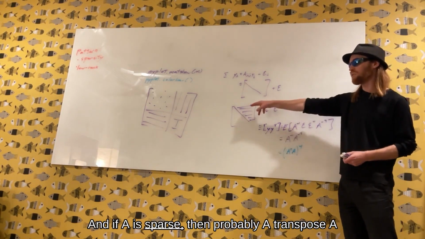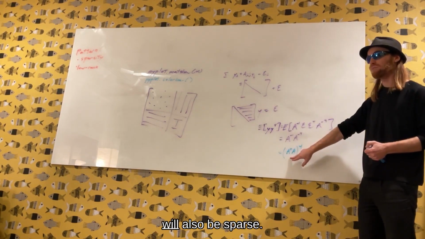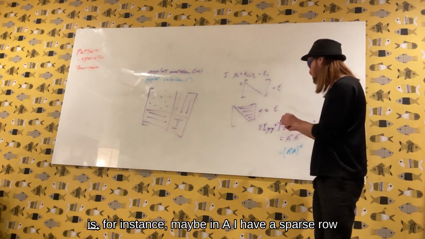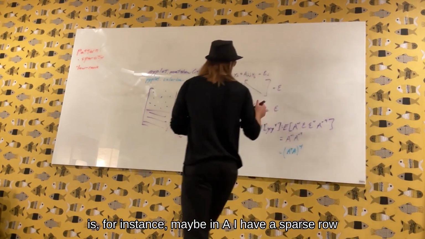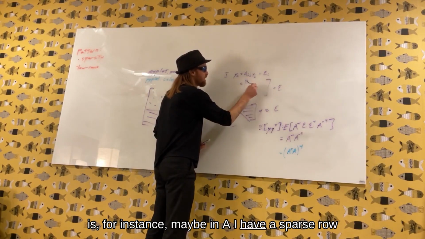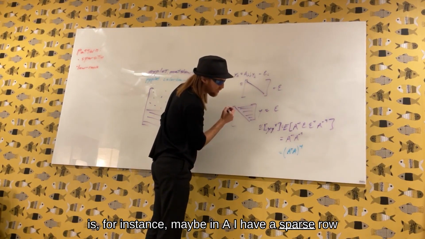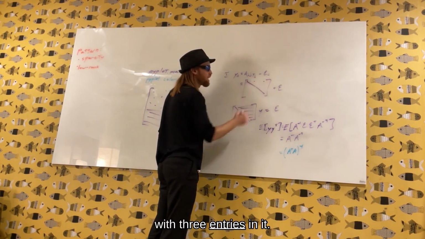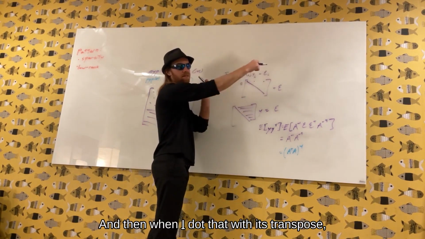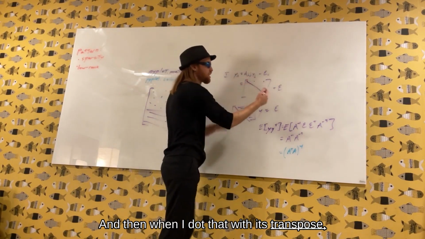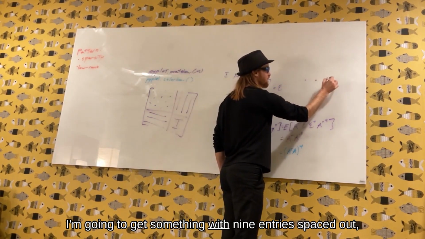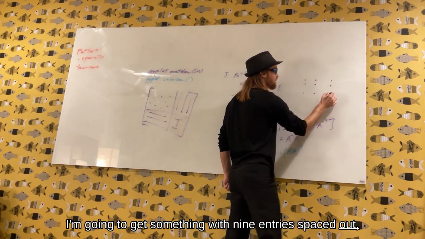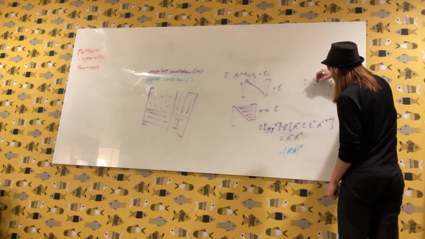And if A is sparse, then probably A transpose A will also be sparse. In particular, the pattern I'll probably see is, for instance, maybe in A I have a sparse row with like 3 entries in it, and when I dot that with its transpose, I'm going to get something with 9 entries spaced out, with this being the diagonal.